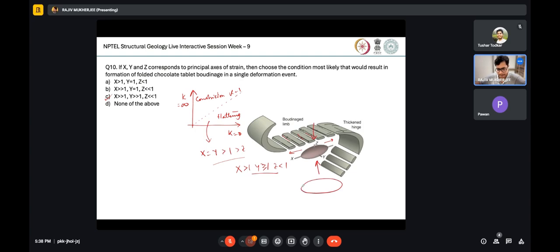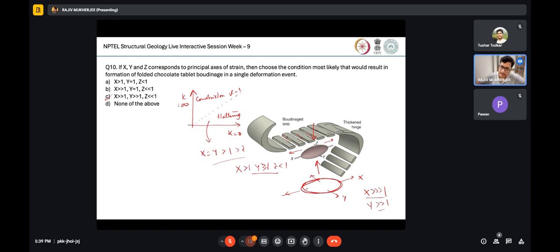So eventually you have already extended x, but now you are also extending y, but x is very, very greater than 1, not y. And eventually y is also very, very greater than 1.